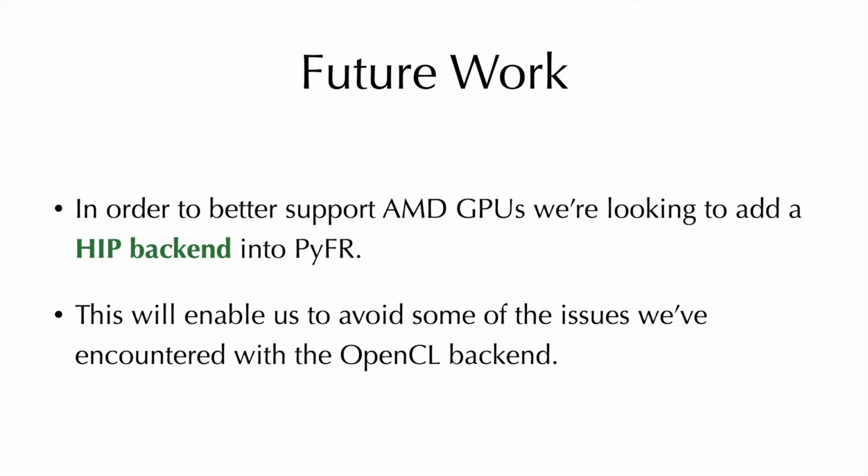The primary advantages being that we can call out to AMD's vendor-specific BLAS libraries, which we expect to perform better than CLBlast, and also get some degree of MPI interop. I think OpenMPI and UCX are beginning to get support for AMD's HIP platform, and so this is something we're looking into over the next 3 to 6 months, and we'll report back accordingly with how the performance compares with the various OpenCL implementations that are available for AMD GPUs.